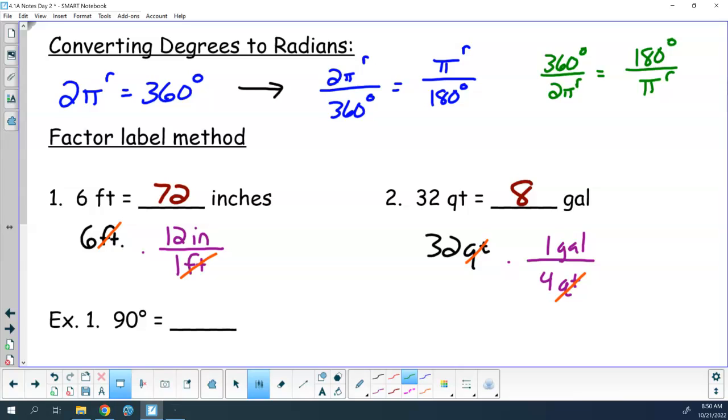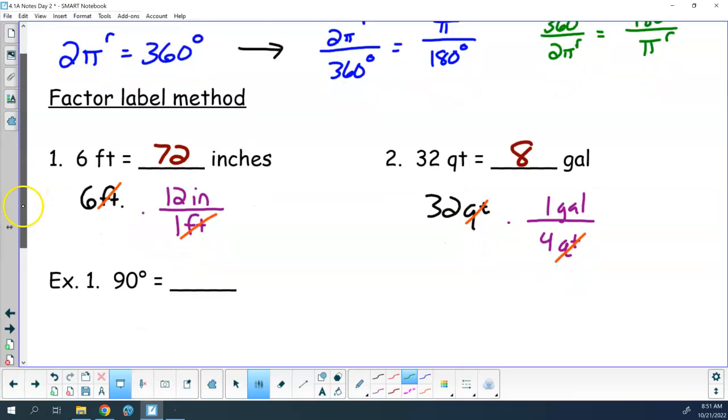So that green fraction is also equivalent to 1. The blue fraction would cancel out degrees. The green fraction would cancel out radians. Or factor label the radians.